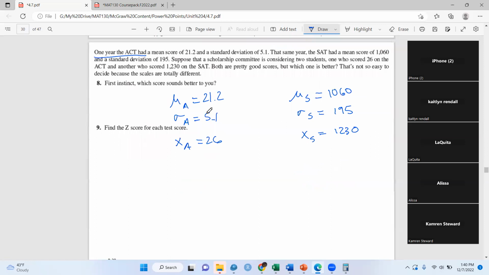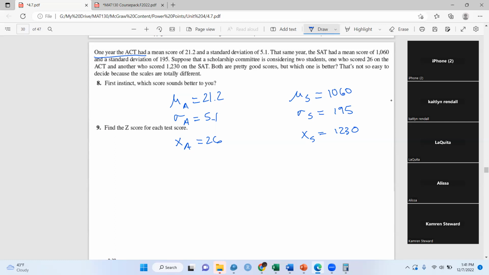Really, I think we're supposed to glance at these and logically determine who did better without doing the calculation. Maybe if we knew what the maximum was, like 26 out of 36 versus 1230 out of 3200. I mean, I don't know what the maxes are, so it's hard to guess.